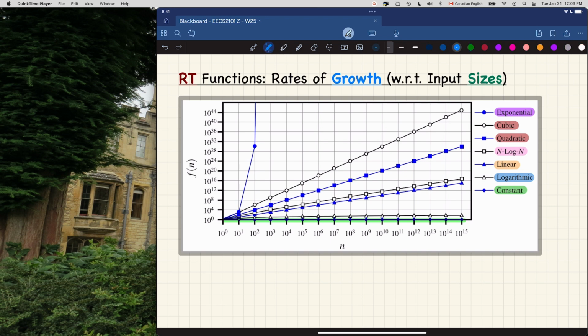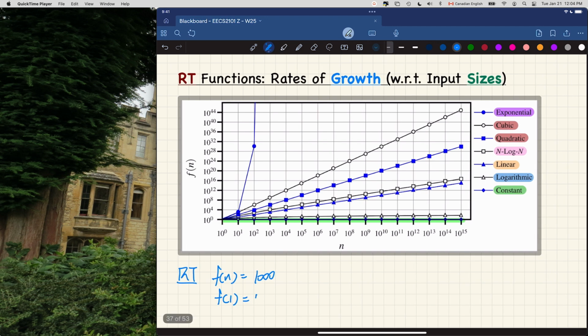Think about if I got some running time, let's say f of n equals 1,000, for example. 1,000 might look big to you, like 1,000 primitive operations will be involved. However, this tells you it doesn't matter how n might grow. It will always be 1,000 operations you have to execute. When you got f of 1, what will be the relative running time? 1,000, constant.